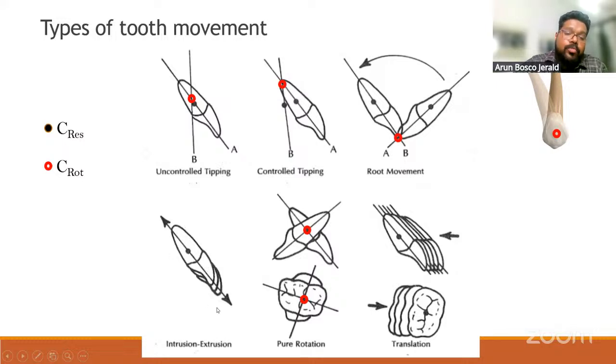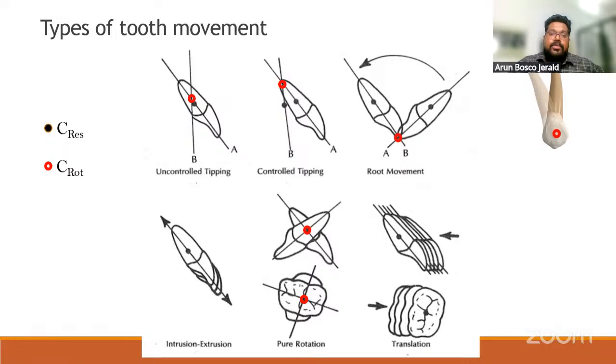This is also a bodily movement in which the center of rotation will be at infinity. The same is for bodily movement in a labiopalatal or buccolingual direction. So for all kinds of translation, the center of rotation will be at infinity. And see the center figures in the lower portion. So this is pure rotation, in which both the crown and root are moving equally, and it is called pure rotation. So these are the different kinds of tooth movements.